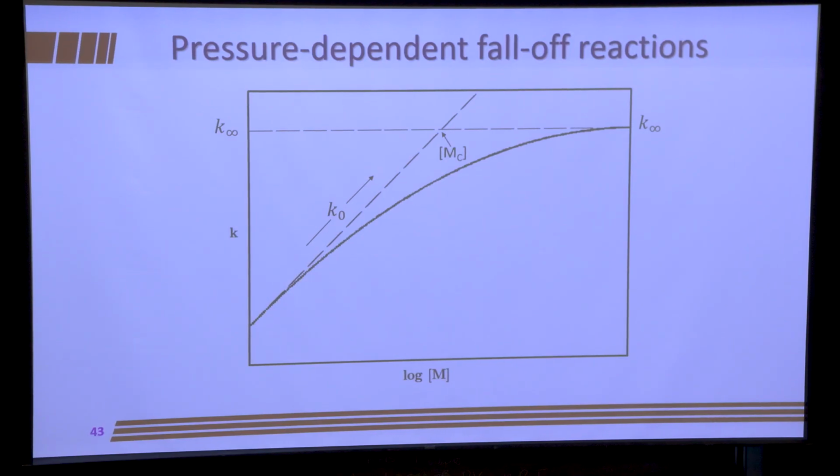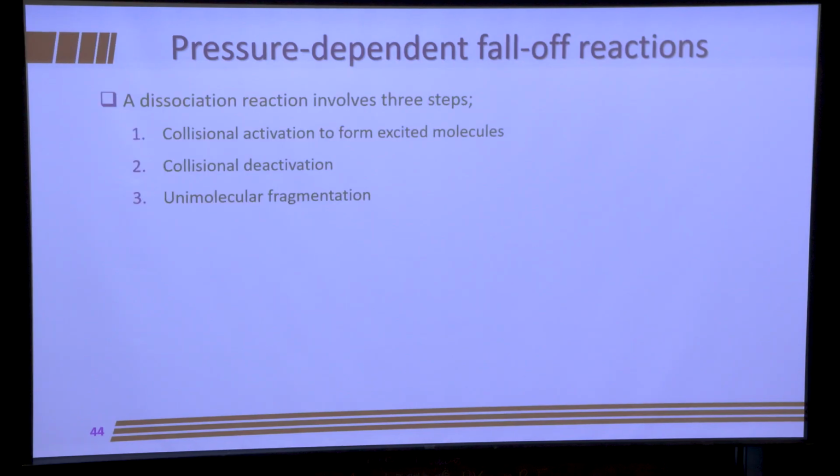Okay? So if we look at it, a dissociation reaction involves 3 steps: collisional activation to form excited molecules, collisional deactivation, and unimolecular fragmentation. Okay, we'll look at this. So here we have AB, a molecule. Let's just say propane, for argument's sake, C3H8. It reacts with a third body.